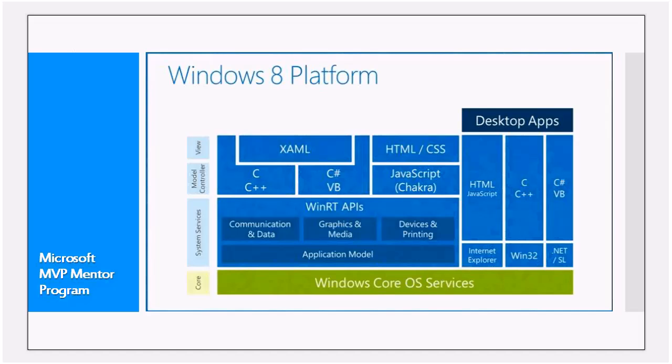To make clear, WinRT is not a replacement for Win32. It's just a layer which sits on top of Win32, which is the Windows API. Developers don't have to write code or make calls directly to Win32.